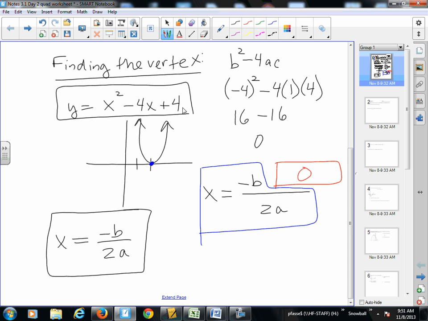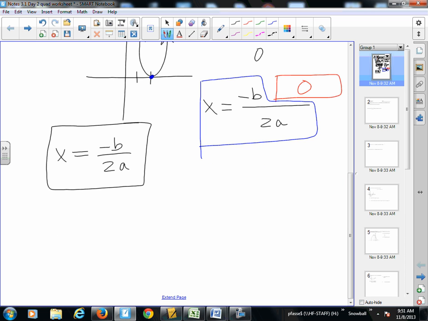And then that will be the x value of the vertex. And then how do you find the y value? Plug the x value back in. So the coordinate of a vertex in general is negative b over 2a, comma, f of negative b over 2a.